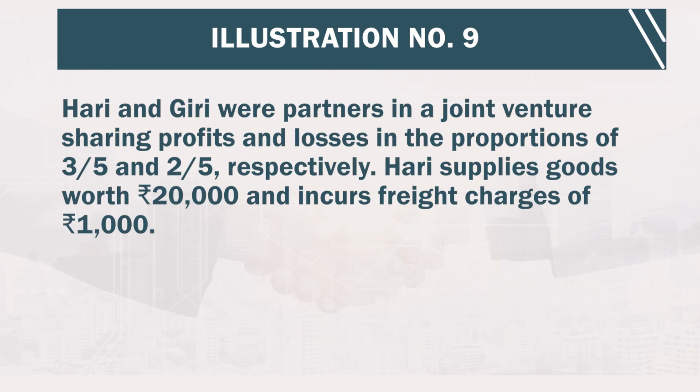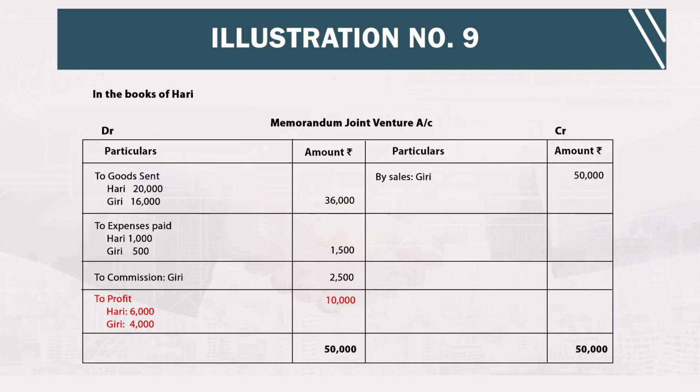Now, Hari and Giri were partners in a joint venture sharing profit and losses in the proportion of 3/5 and 2/5 respectively. Hari supplies goods worth rupees 20,000 and incurs freight charges of rupees 1,000. So, in memorandum joint venture account, goods sent by Hari rupees 20,000 and expenses paid by Hari rupees 1,000.